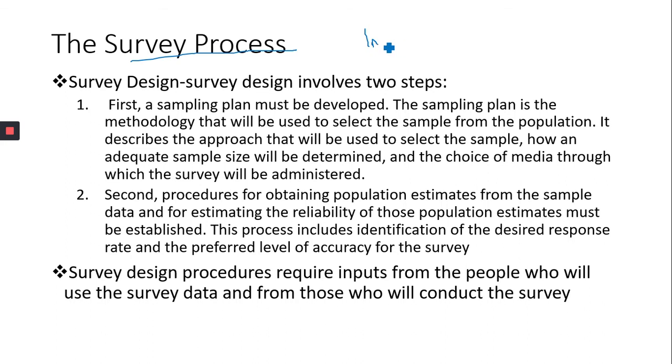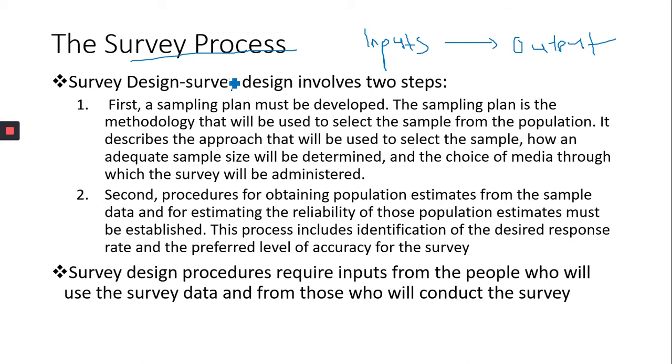Once we have inputs, we must put them together to give us some outputs. So it's an input-output issue, but for you to get an output, you must process the inputs. So this is the process that we are talking about. So what are the ingredients to a survey? In other words, what are the inputs?